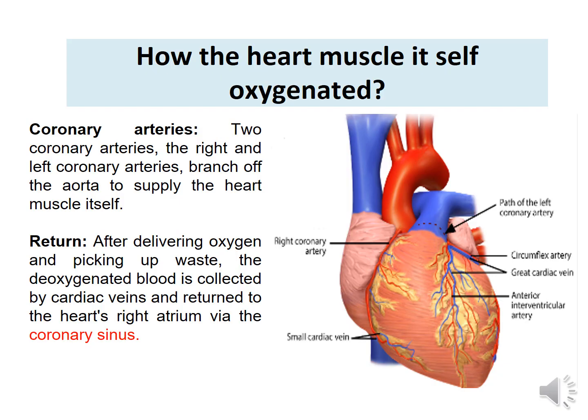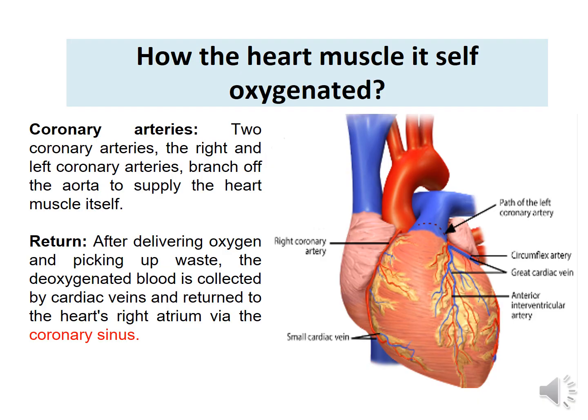How is the heart muscle itself oxygenated? The heart is responsible for nourishing the whole body, but how is the heart itself nourished? We have two pathways to nourish our heart. Coronary arteries are blood vessels covering the heart on the outside and are responsible for transporting oxygenated blood from the aorta to the heart tissue itself. Then after the process of oxygenation, as in any normal organ, we have deoxygenated blood.